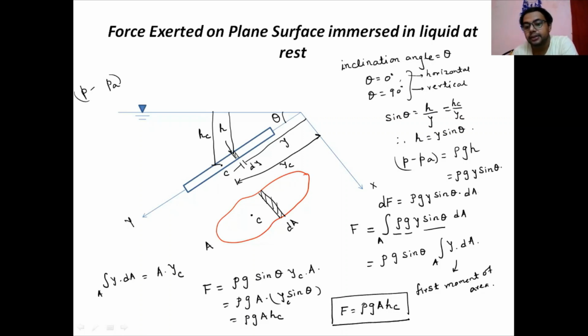You may ask, in the pressure, why we take the force in this way, P minus Pa into A. Because due to the atmospheric pressure, always some force is acting over us.